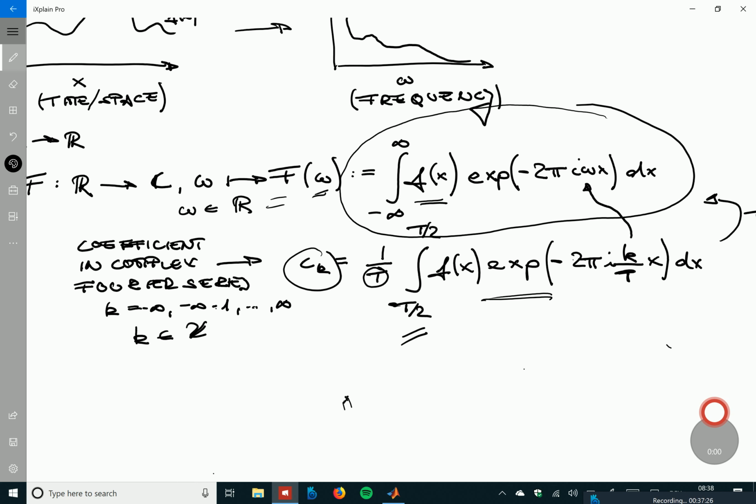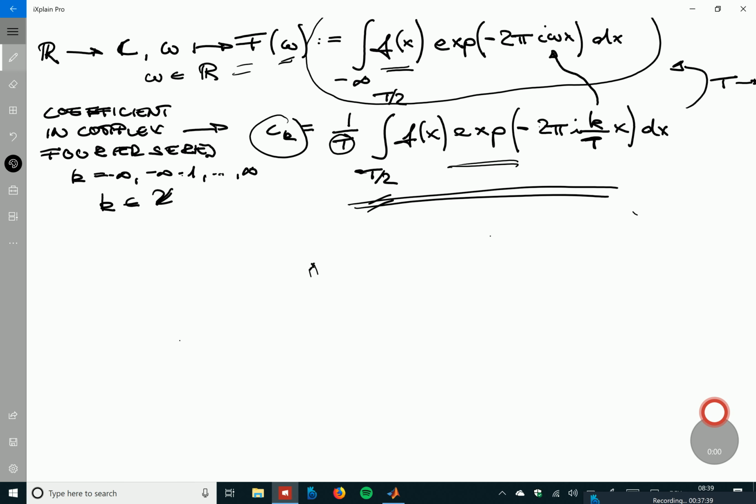But the important thing is that these CK measure the content of frequencies. So, for example, remember again that we set our CK. For each CK, we can compute the real part, which was our AK, and the imaginary part, which was our BK.